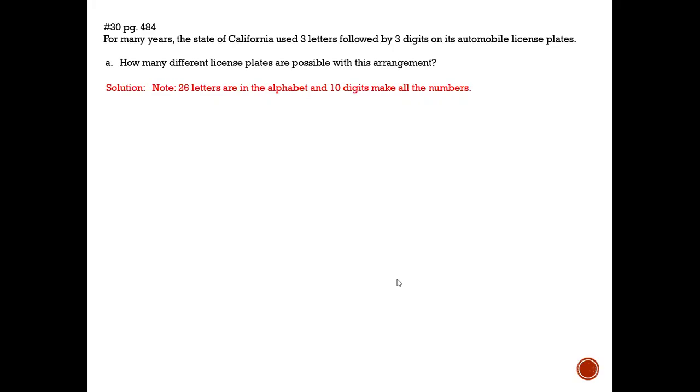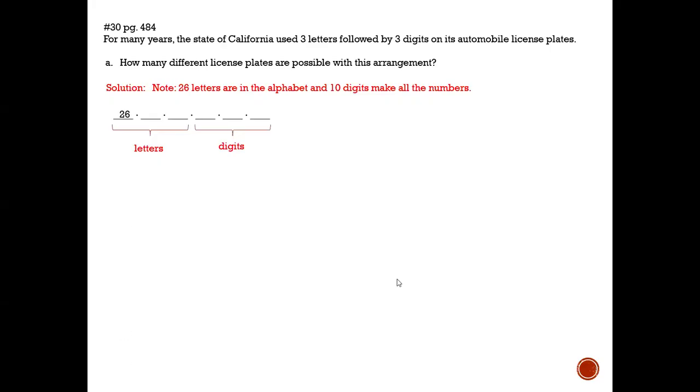If you think 1 through 9 plus 0, that's 10 digits. So again, with the counting principle, we're going to multiply all the possible ways there are of obtaining each part of the license plate. This one says we're going to have 3 letters. So the first 3 are letters, and then the next 3 are going to be digits.